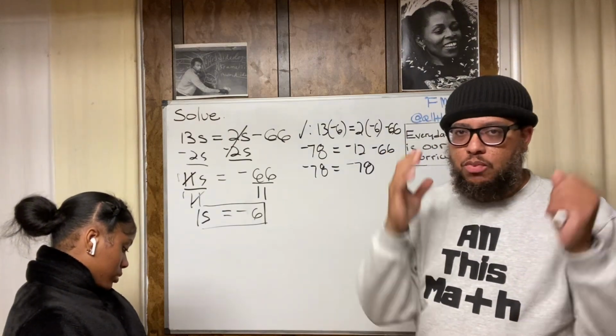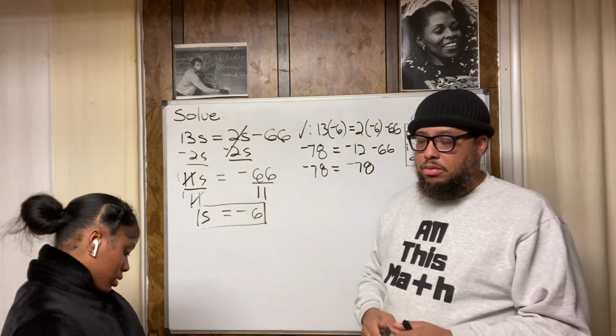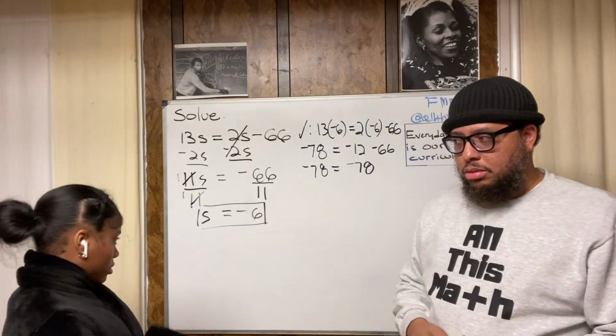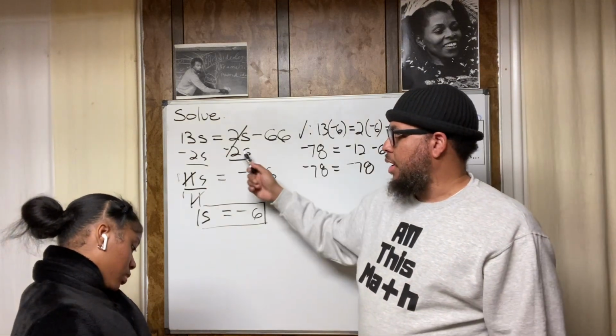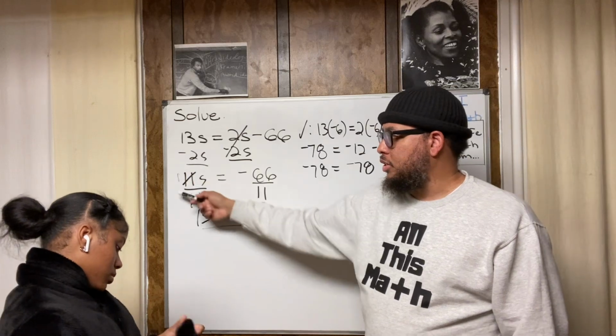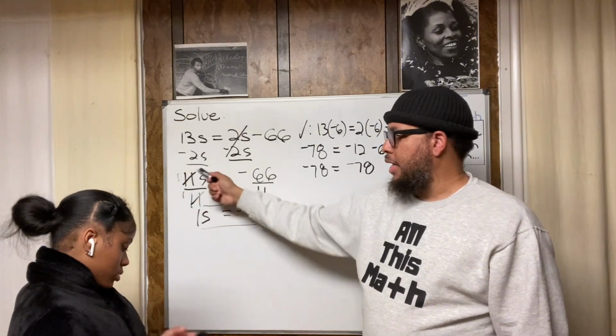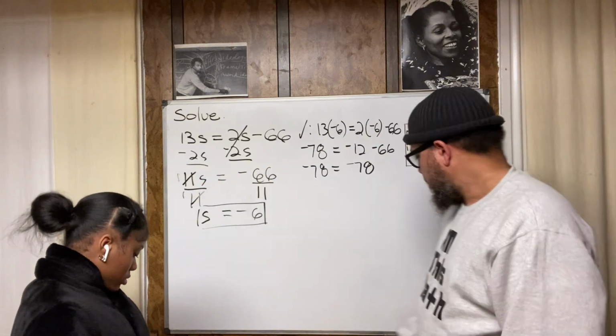You need to have the variables in one place. That's the goal. Right, Assata? Variables in one place. And by subtracting 2s on the right and subtracting 2s on the left, that's what we accomplish. See the goal? We got an s right here. Ain't no more s's nowhere else. It's right there. That's what you want.